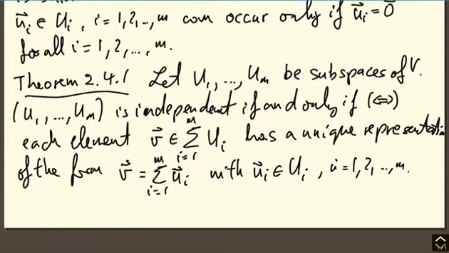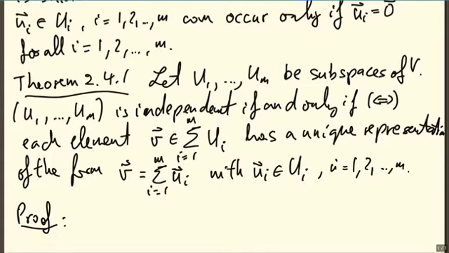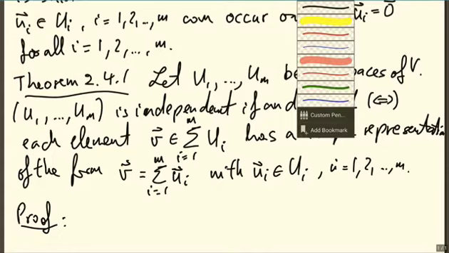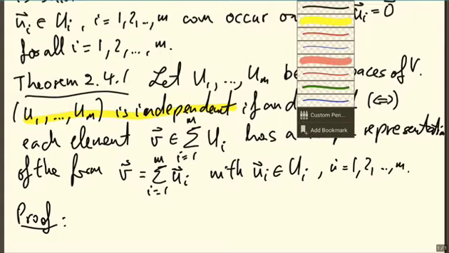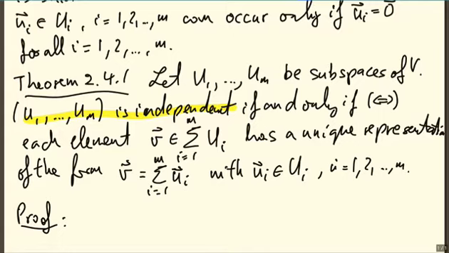Let's prove this theorem. So we already had the definition of independence. This is one thing that we have to consider, and it's supposed to be equivalent to the unique representation of vectors.